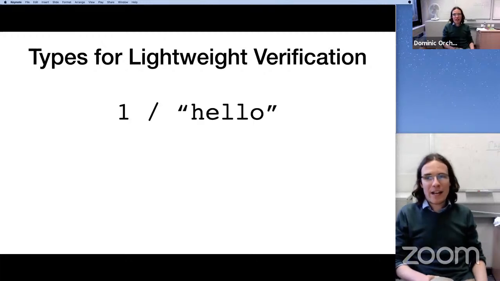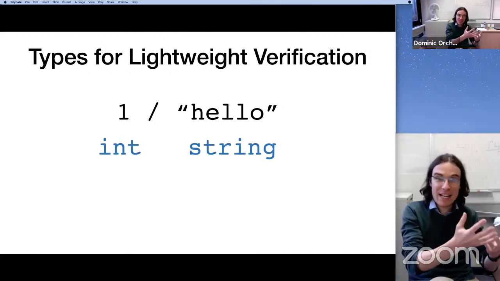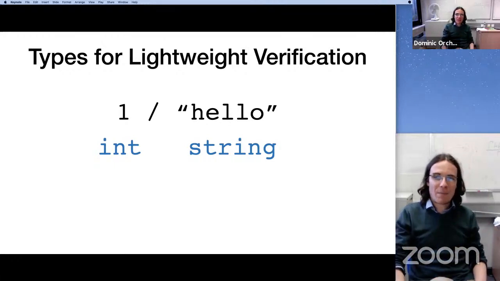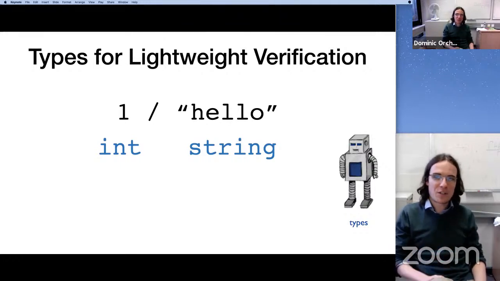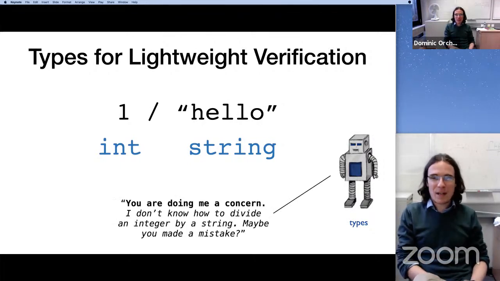For example, if I have the short program fragment 1 divided by the string hello, I might assign the classification int to the integer, string to hello. And then my type system is an algorithm that's usually part of my compiler, which looks at this and says, is this sensible? In this case, it might not be, because the type system might tell us something along the lines of, well, I don't know how to divide an integer by a string. Maybe you made a mistake.